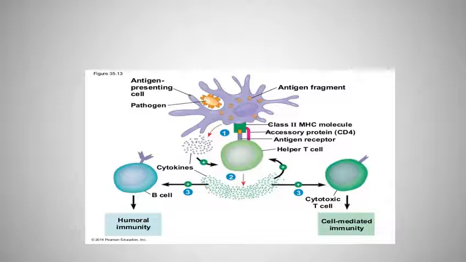Once it binds, this helper T cell becomes activated, and some cytokines are produced by this dendritic cell, which activate the helper T cell. The helper T cell also produces some cytokines, which in turn activate the cytotoxic T cell, which brings about cell-mediated immunity.